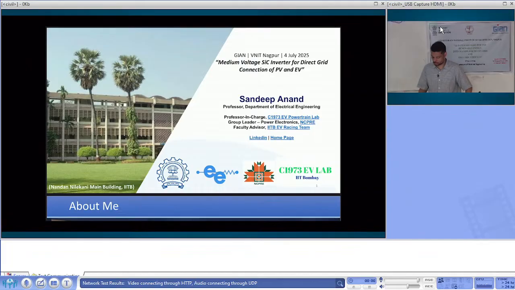The fourth logo is of the Class of 1973 EV Powertrain Lab, which we have set up recently at IIT Bombay. I'll also briefly talk about the lab as we move forward. As the name suggests, this was set up through a donation, part of a Golden Jubilee initiative of our 1973 batch, those who graduated in '73.